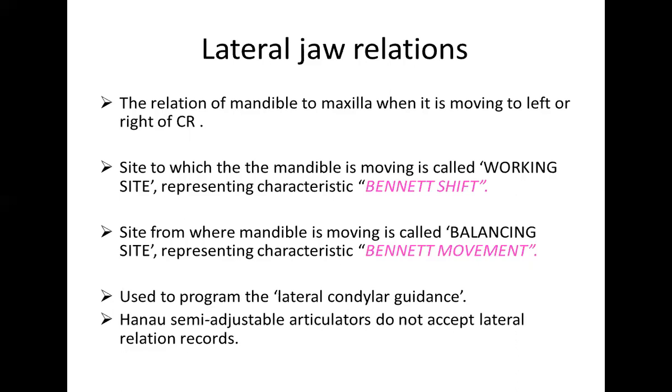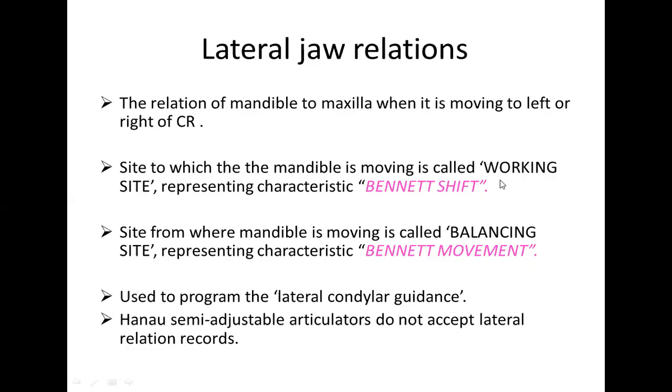On both sides, the head of the condyle represents different movements. When you move left, the same side condyle, the working condyle, only rotates with a slight outward movement. That is why this side movement is called Bennett shift movement.